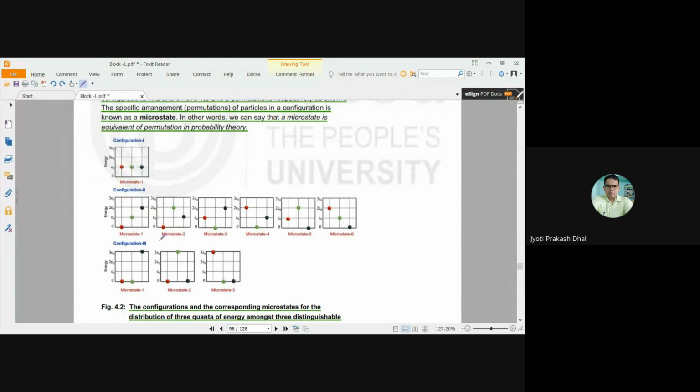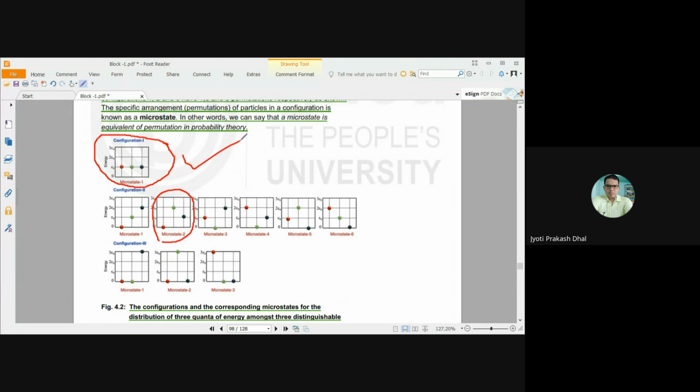And similarly, in the next. So this is the microstate of configuration 1. In configuration 1, you will find one microstate. In configuration 1, you have to put all the three particles in a particular energy level, that is epsilon 0, so that the total energy of the system will become 3 epsilon 0.